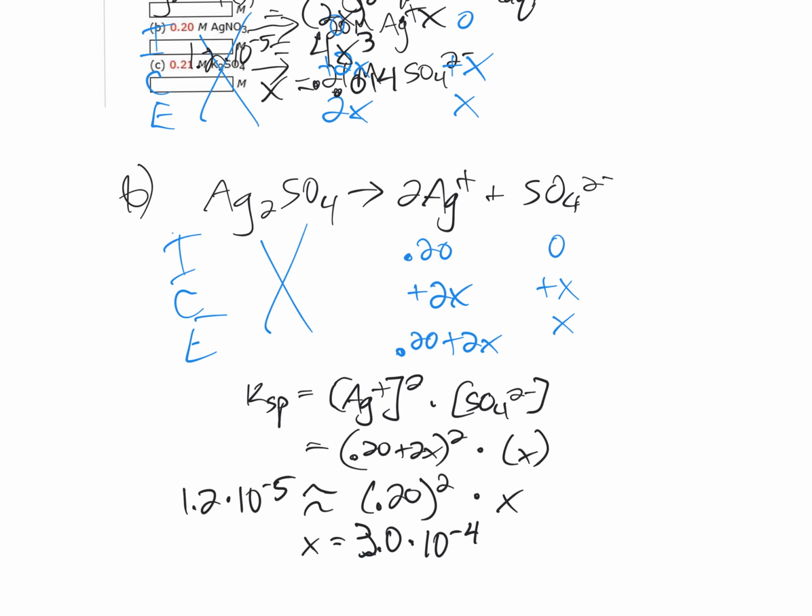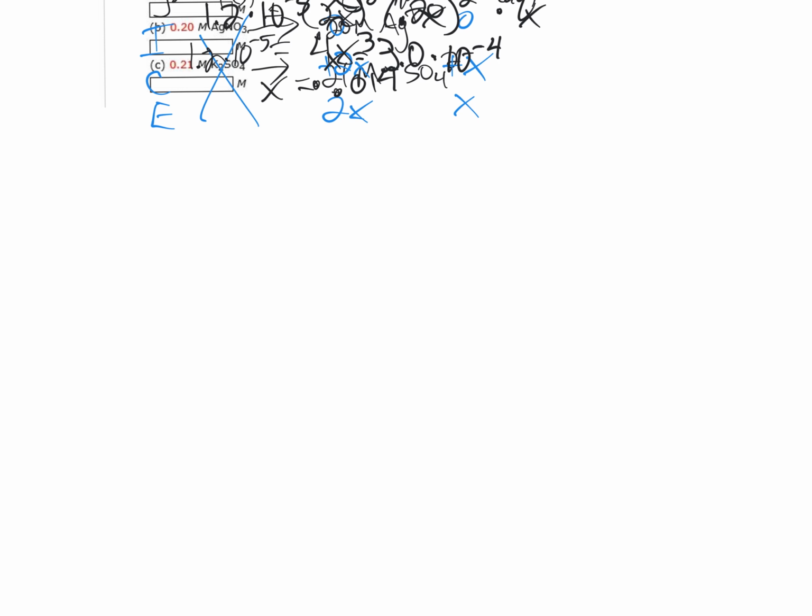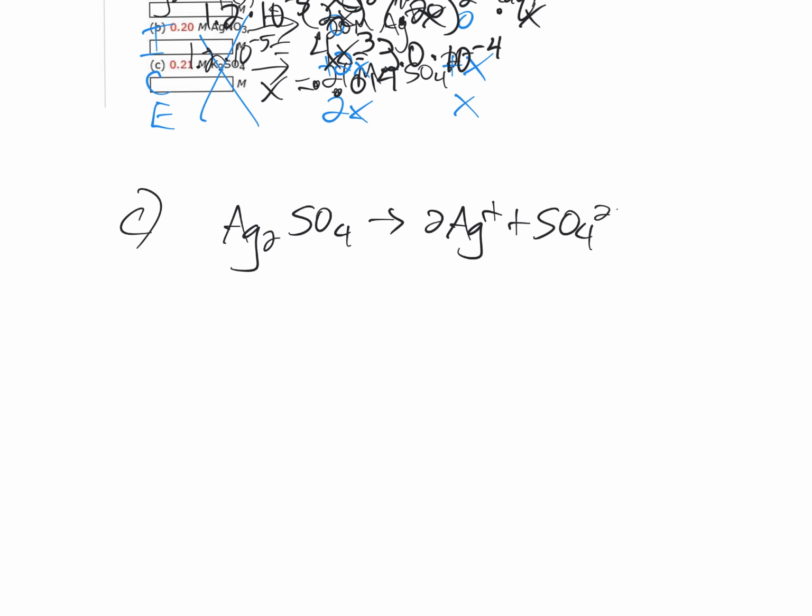Okay. Let's do something similar for part C. Start with a good equation. And in part C, the solution was 0.21 molar potassium sulfate. There was no silver in potassium sulfate.